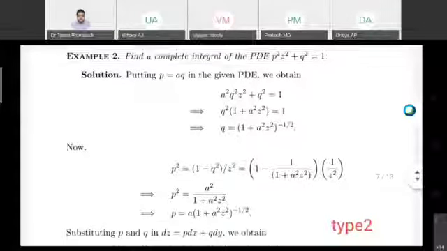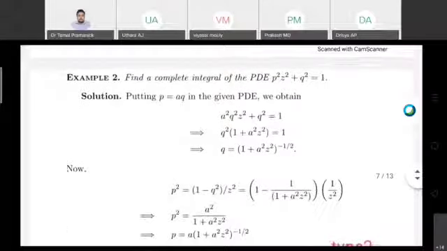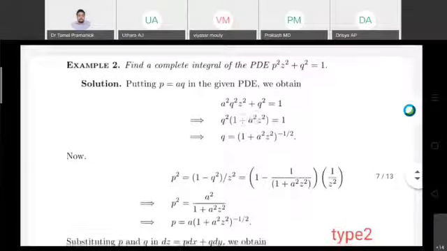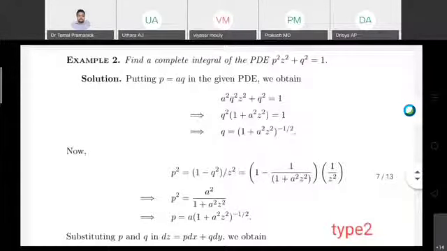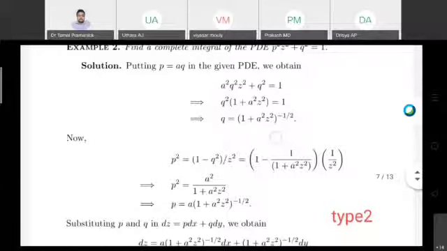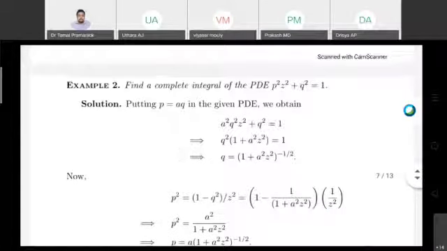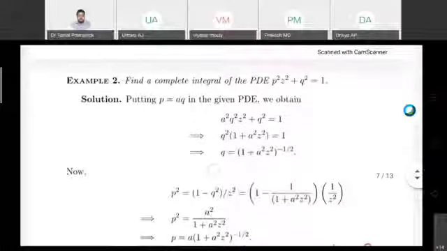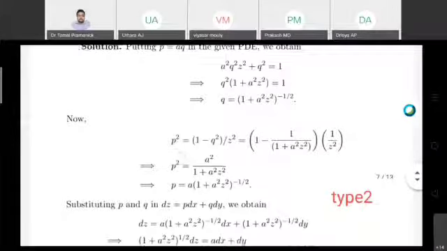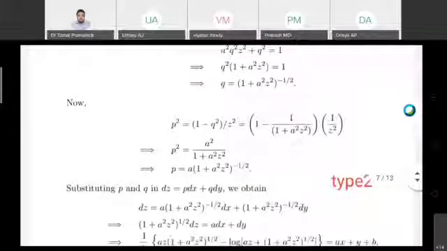If you put p equal to aq in this equation, you will get the q value. You are putting p equal to aq in this equation, so you will get the q value. After getting the q value, you put it again here, so you will get the p value, in terms of a and z.